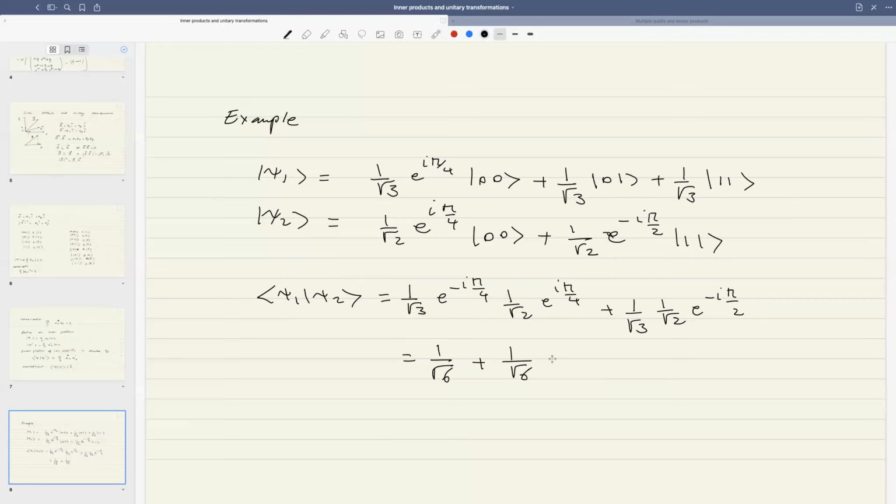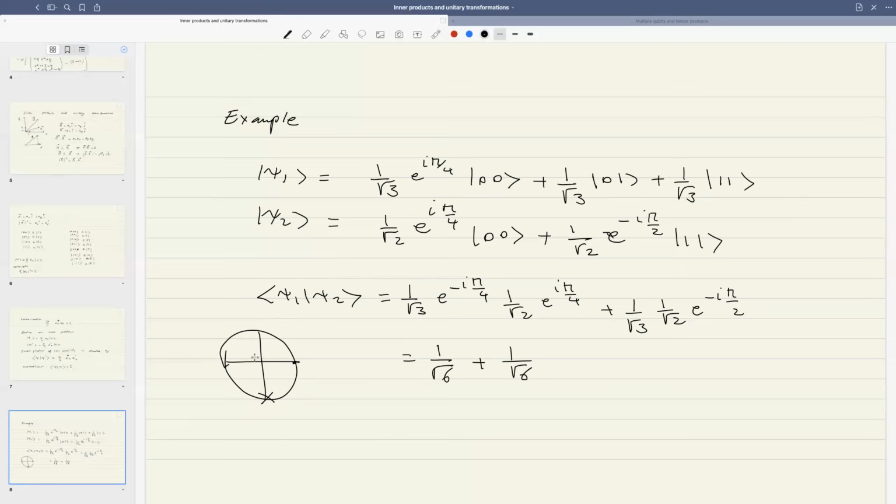And e to the minus i pi over 2, let's just visualize it quickly. Minus pi over 2: start from 0, as a minus, so you go clockwise, that way. So it's going to be this point here, and that's minus i, right?